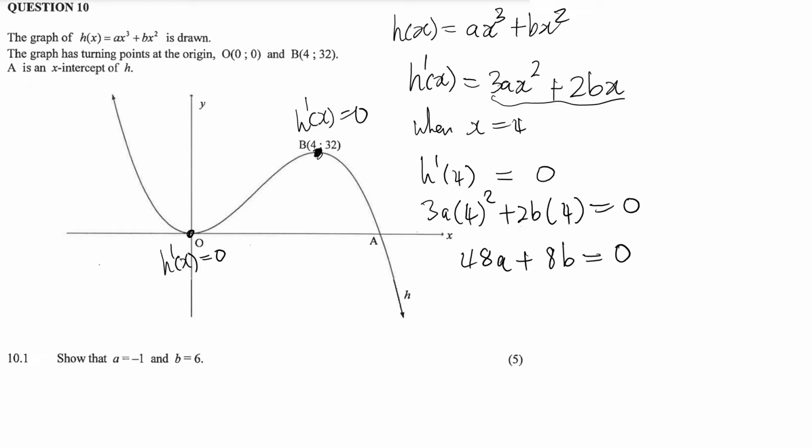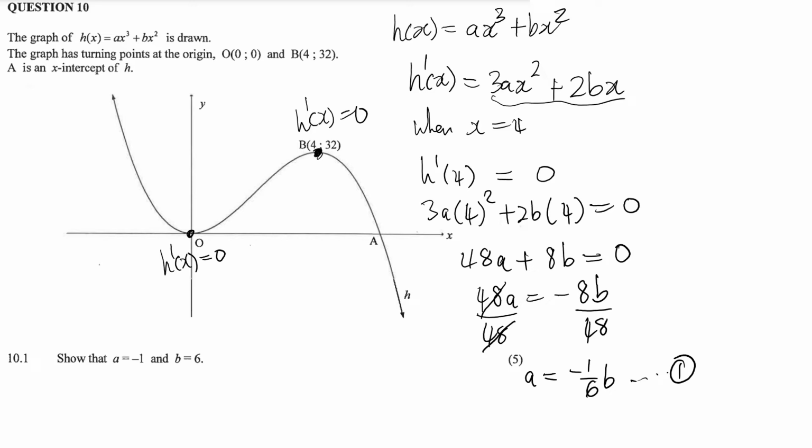We can make one of them the subject of the formula. Let's make a the subject, so we divide by 48 on both sides. So a will be equal to -8b over 48, which gives us -1/6 b. So this is our equation 1.